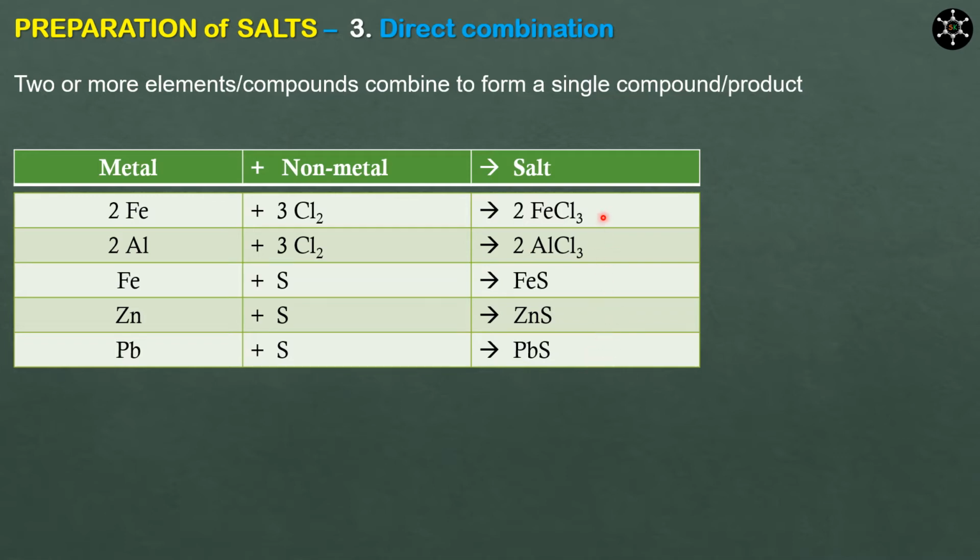Of these salts, ferric chloride and aluminium chloride are soluble in water. These sulfide salts are insoluble in water. So, we can use the direct combination method to form soluble as well as insoluble salts.